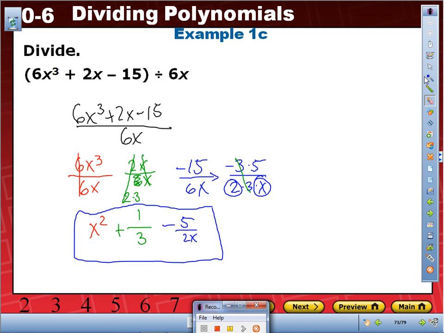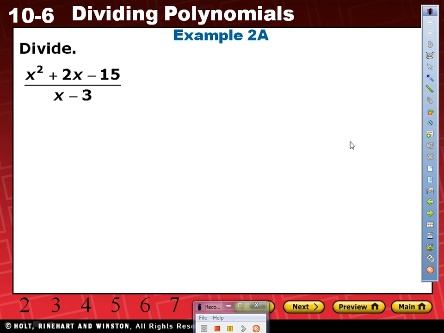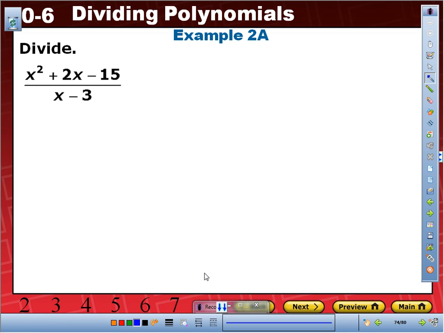Let's copy this next one down, please. 2a. 2a. It says divide x squared plus 2x minus 15 over x minus 3. Now these we've already been doing, so let's do this one together. First things first, let's see, do I have GCF? No. And we're going to factor the numerator.